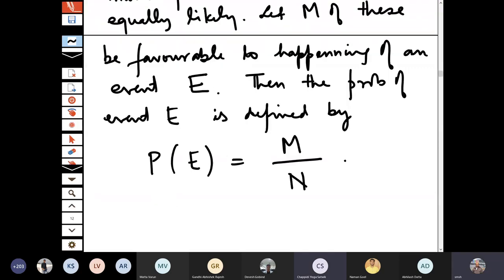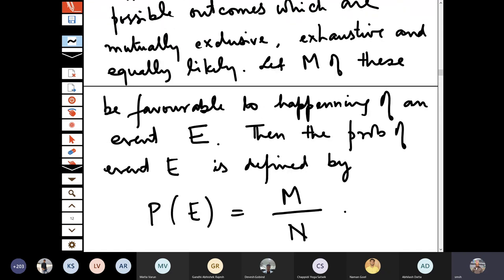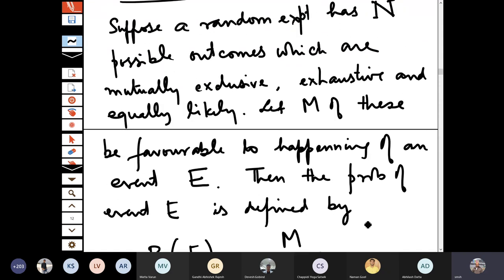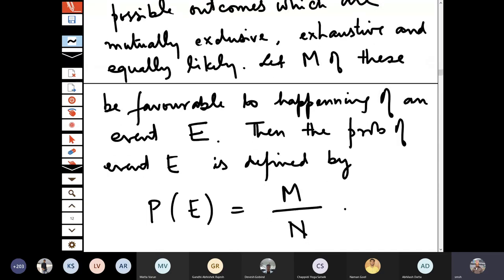Okay. So all of you know, I have again repeated it because this can be considered as a method of evaluation of the probability when these conditions are satisfied. That means there are n equally likely, mutually exclusive and exhaustive outcomes, and then you want to find out the probability of a certain event, then you just look at the favorable number of cases.